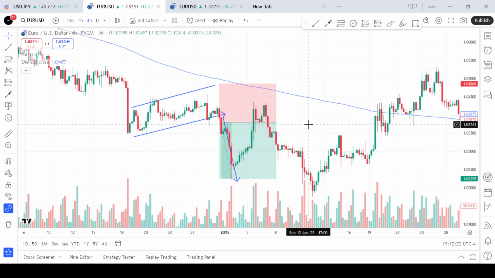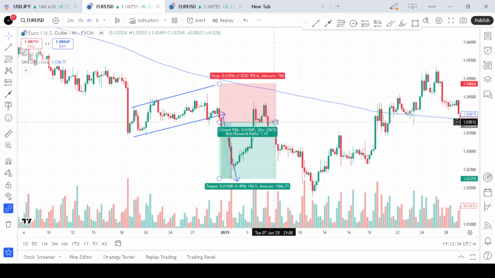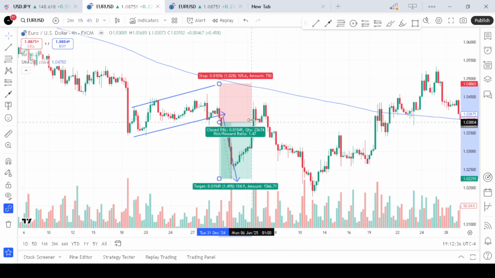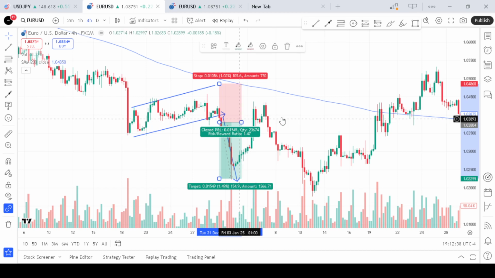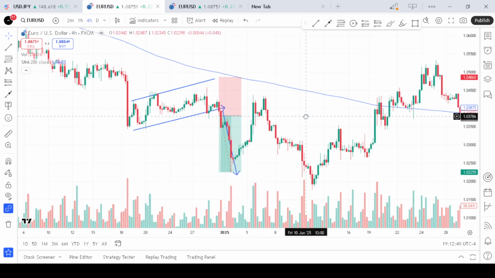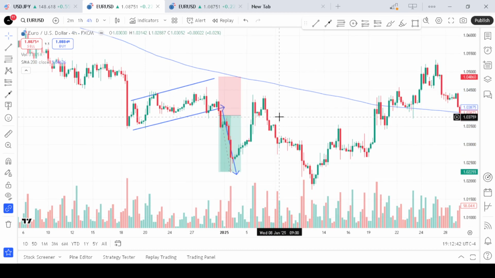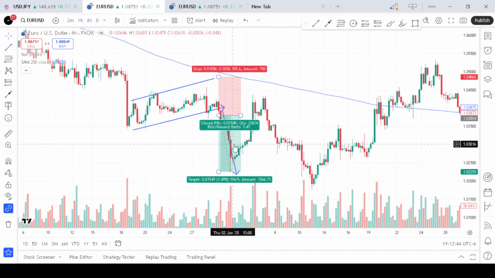By consistently applying this approach, you can enhance your ability to spot and capitalize on this high probability trading setup. So therefore, you have to practice this on a demo account, or you can backtest these strategies to get more acquainted with this strategy before applying them in real life market conditions.